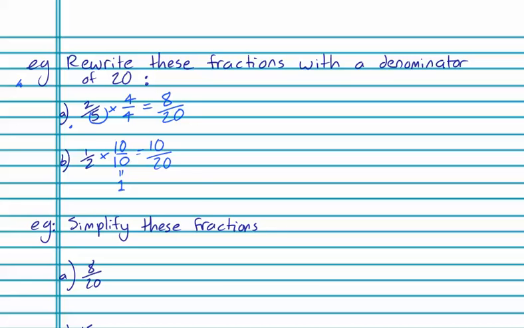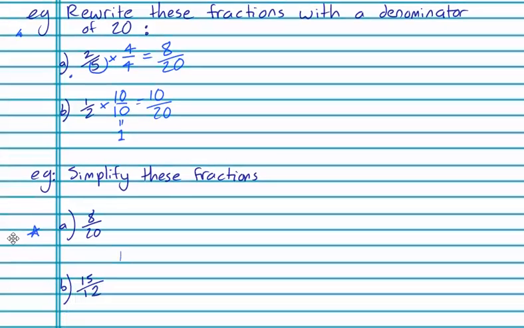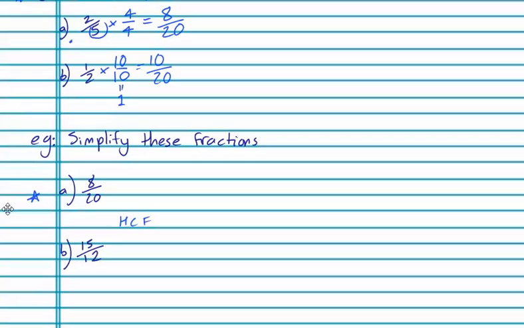Now when I get asked to simplify a fraction, what we're looking for in this one is the highest common factor of 8 and 20, the highest number that goes evenly into both of them. It can't be any bigger than 8, because 8 is the largest number. 8 doesn't go evenly into 20, so check the next factor of 8, which is 4, and that goes into 20.